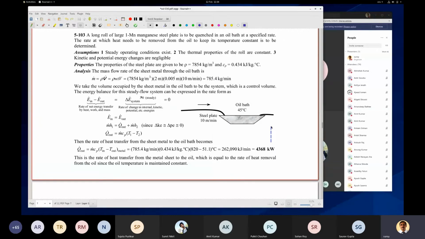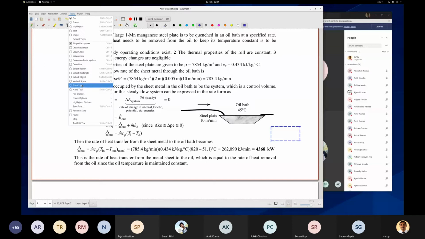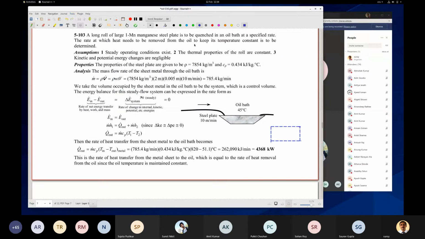So this is my bath, control volume. So this is coming in. My sheet is coming in.